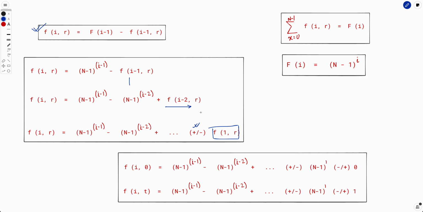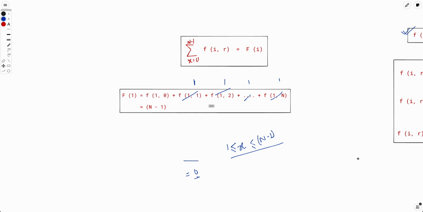If you have odd, you will get plus, otherwise minus. So it actually doesn't matter, we will look at it, but for now this is the base case that we need to solve. Now what will be the value of f of 1 comma r? What is f of 1 comma r? f of 1 comma r is, again, if I have just one space and I need to make a sum of r, then how many ways are there?